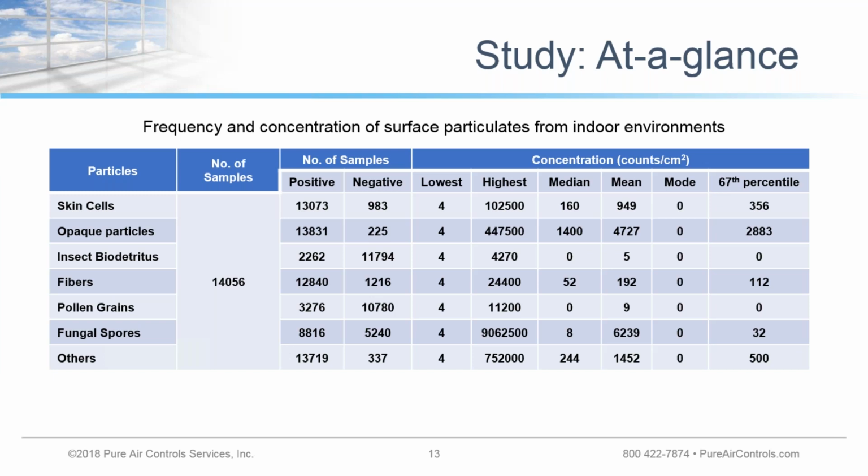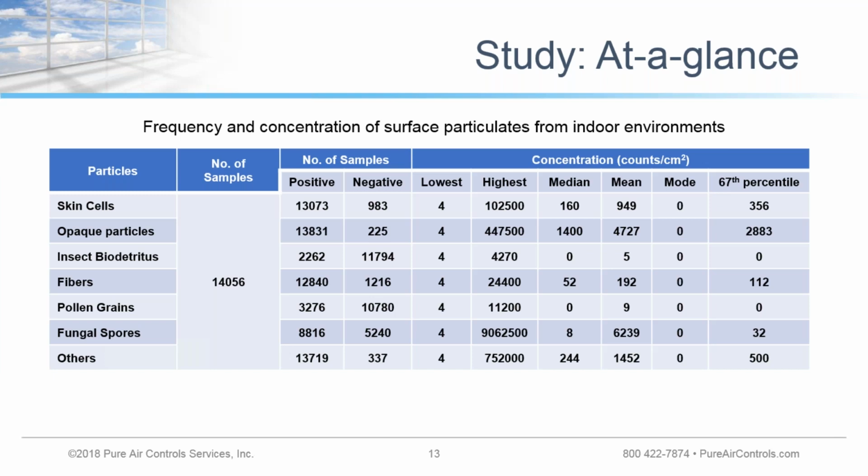And you will notice that the skin cell fragment, in all the categories which I have categorized for the sake of convenience to explain, is one of the very predominantly recorded contaminants, for lack of a better word, in the indoor environments.